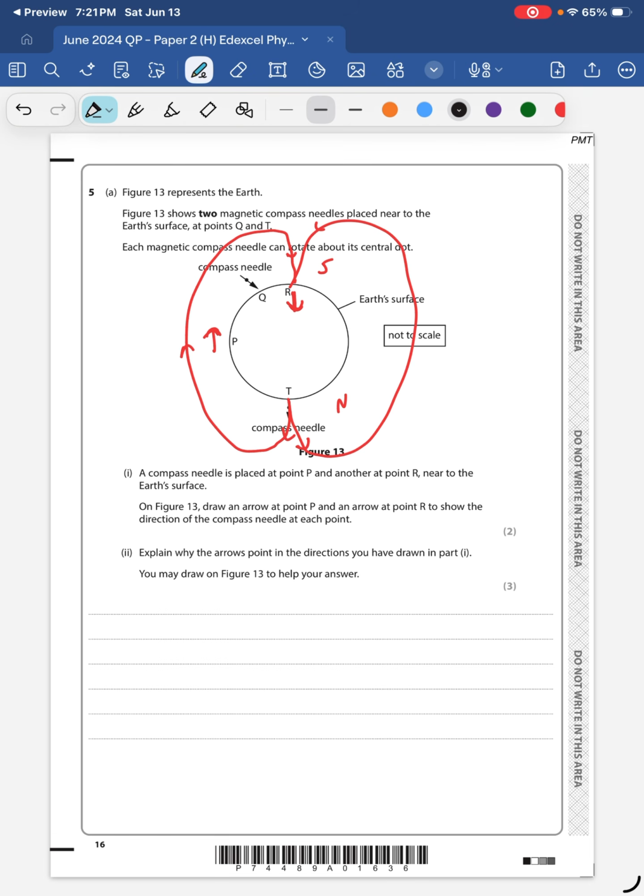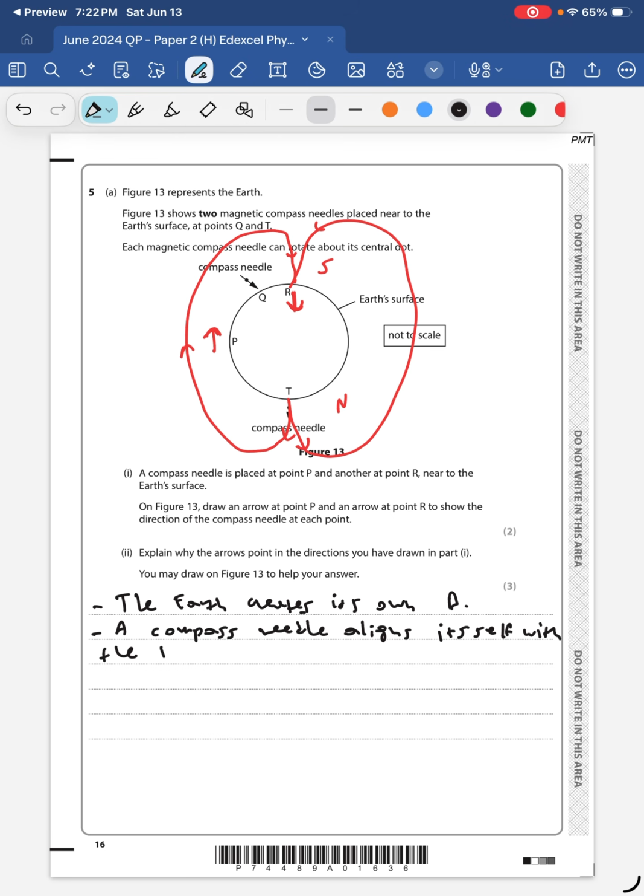Okay, I mean, we just explained it. So we can write that the Earth creates its own magnetic field, let's name it B for magnetic field. A compass needle aligns itself with the direction of B at the point.